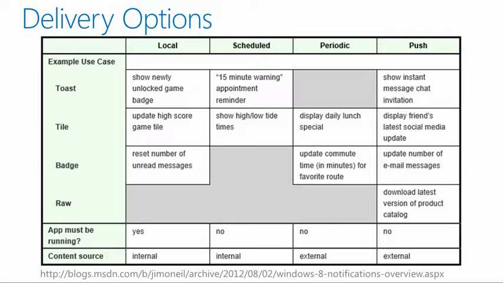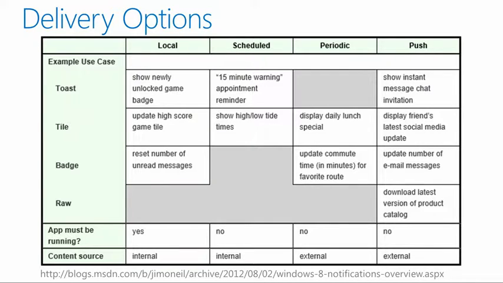I didn't have a slide on Raw because it doesn't really show you much. I could have perhaps put a Fiddler trace up, but a Raw notification is essentially a way to send a data packet to an application. Perhaps you want to send them an entity or an updated product list. You can use a Raw notification to do that, so it's more for sending data as opposed to images or information.